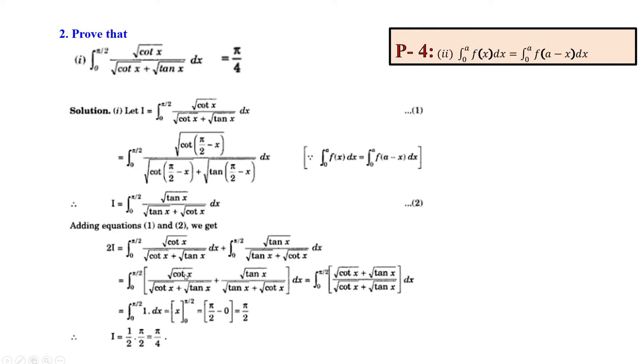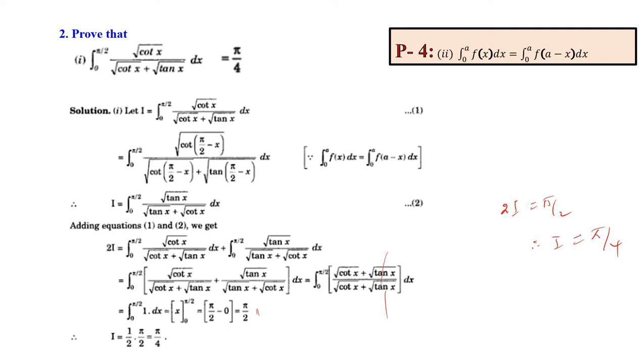The denominator is the same. When we simplify that, we get the numerator to be the same as the denominator. So cancelling them, we have just integral 0 to pi by 2, 1 into dx, and integration gives you x between the limits 0 and pi by 2. So upper limit is pi by 2, lower limit is 0. So we get this: 2I equals pi by 2, and therefore I equals pi by 4.